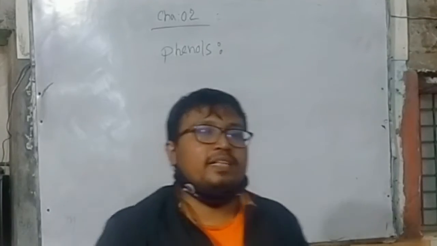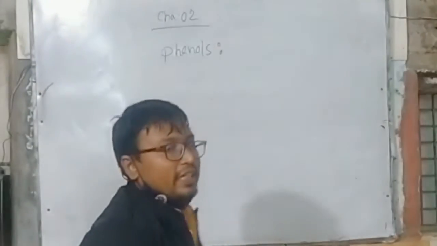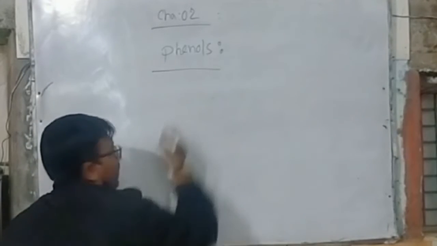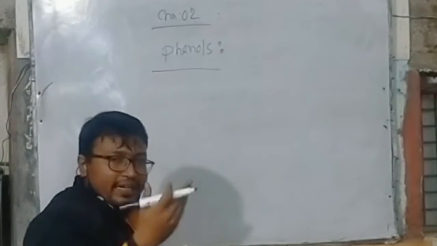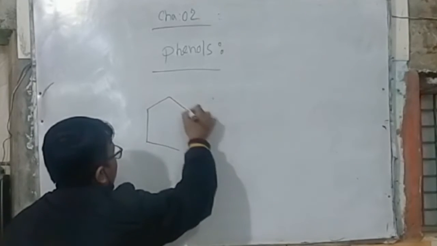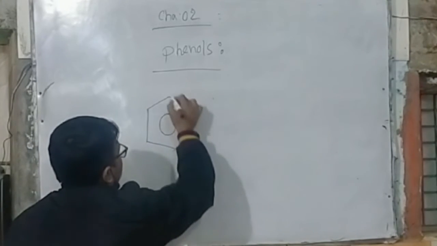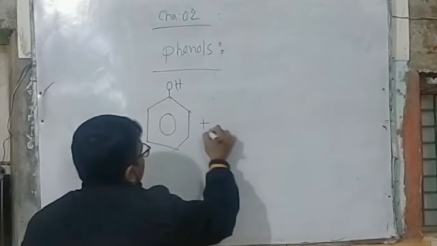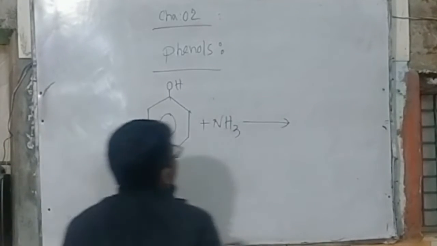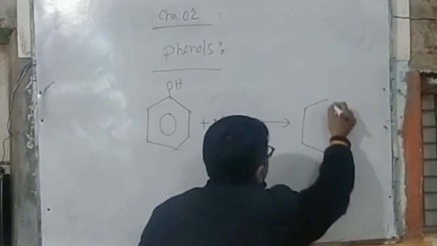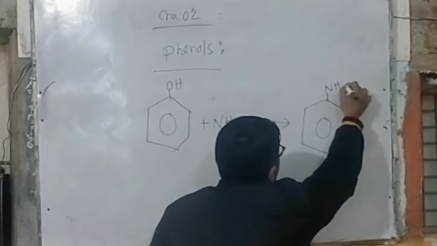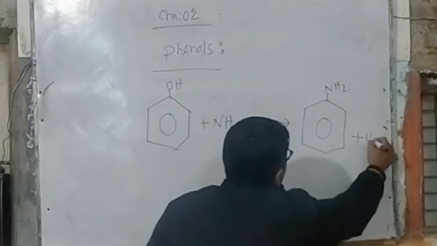Phenol reacts with different compounds. You may write different reactions now. Phenol reacts with ammonia gas and produces aniline, C6H5NH2, and H2O.